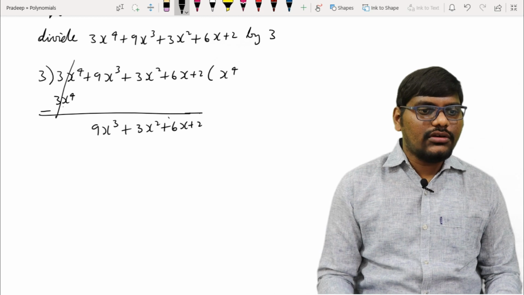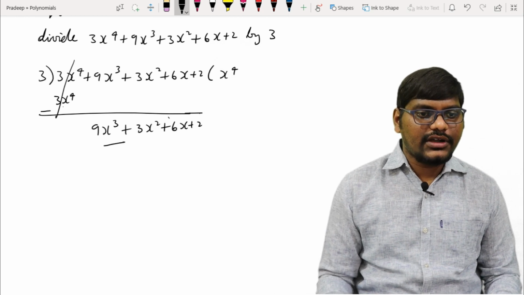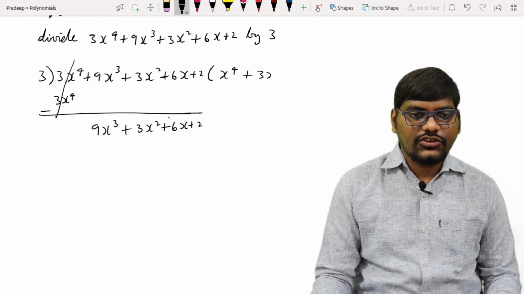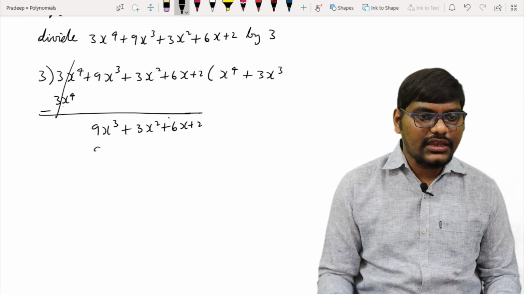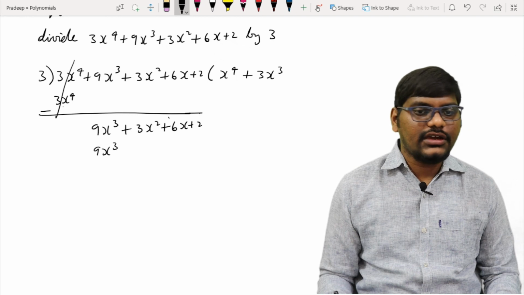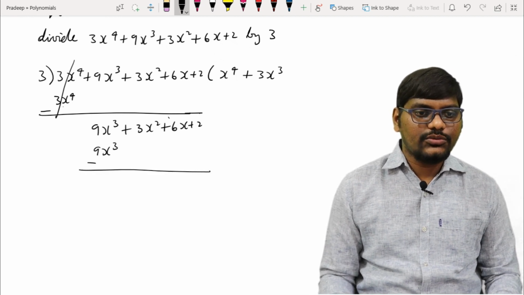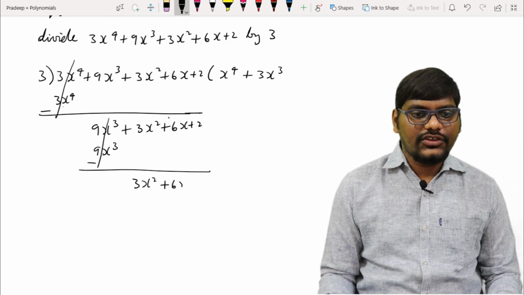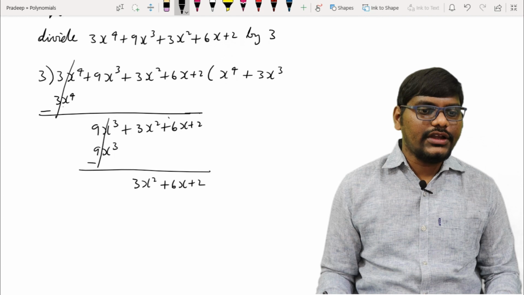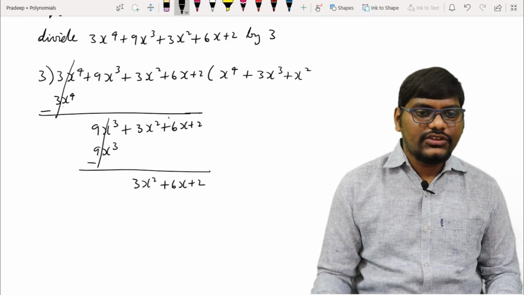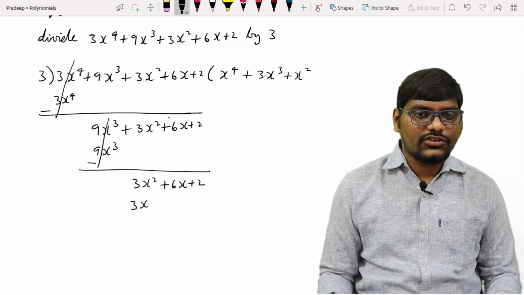Alright, so now because this is 3 here, but here x cube is there, so I can take 3x cube, where 3 3s are 9, x cube. So I can take minus, so these both get cancelled. Remaining I can write 3x square plus 6x plus 2. Alright, so now in the next term I can simply take x square. 3 into x square is 3x square.